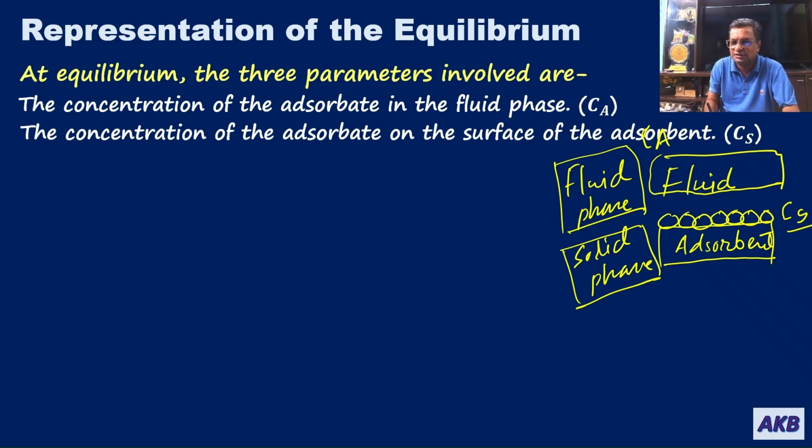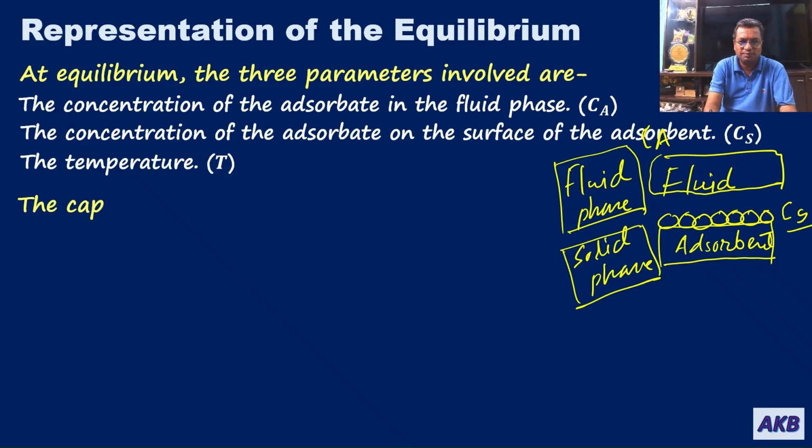And the third one is the temperature, that is T. So you have three parameters. Whenever an equilibrium is reached between the fluid phase and the solid phase during adsorption, you can use these three parameters to represent the equilibrium.